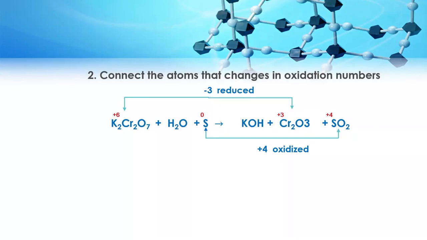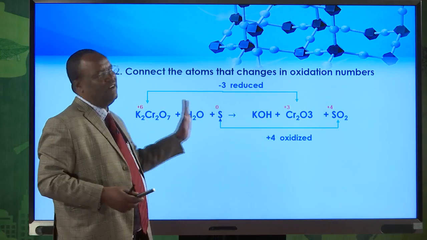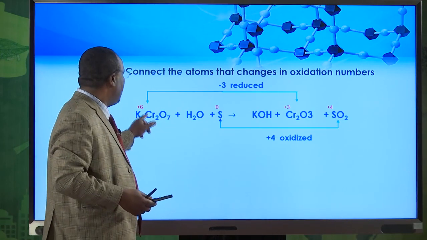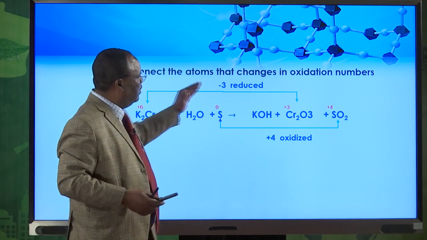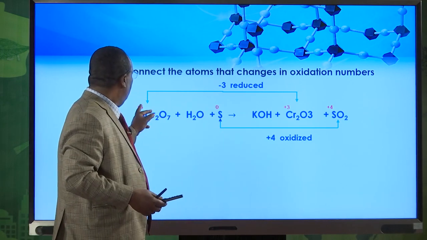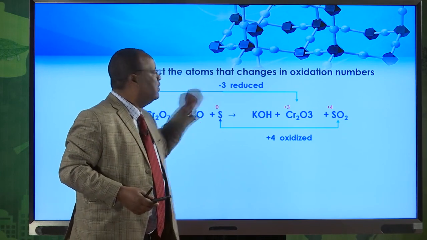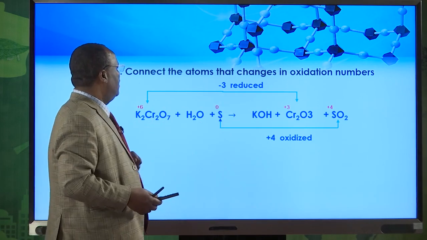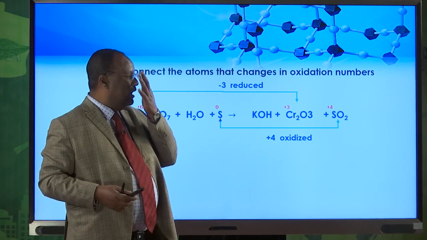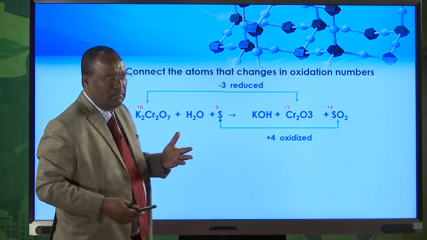In this equation, there is a change in the oxidation number on chromium and sulfur only. So we connect the chromium atom on both sides of the equation. Chromium from +6 to +3 is a reduction.